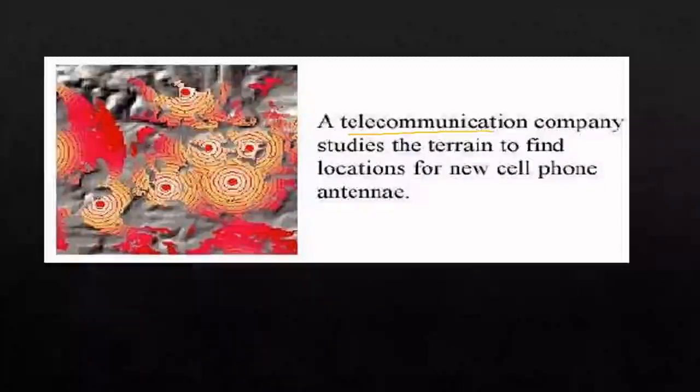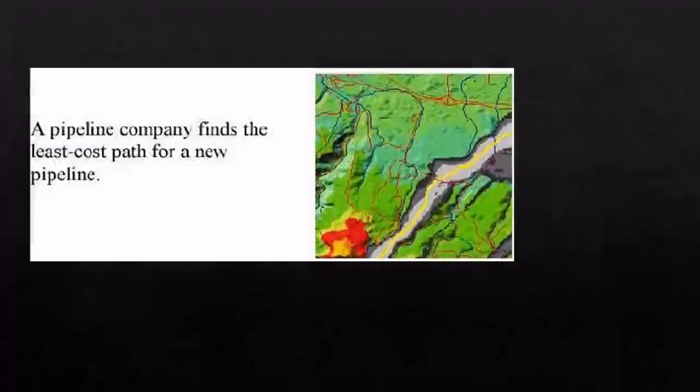Now, those five are the generalized categories. Now a telecommunication company, how does a telecommunication company use this GIS? A telecommunication company studies the terrain to find the locations for new cell phone antennae, for installation of cell phone antennae. Next, a pipeline company finds the least cost path for a new pipeline.